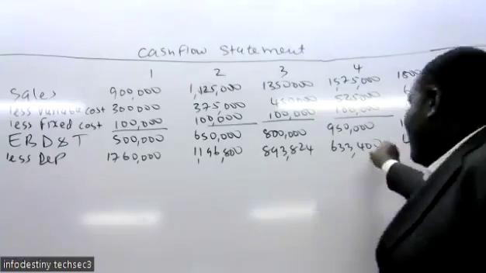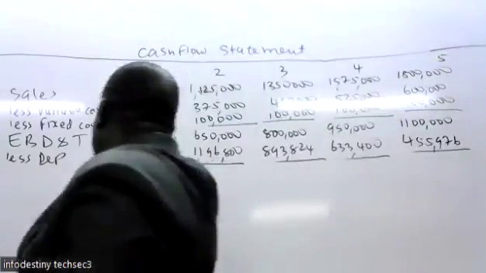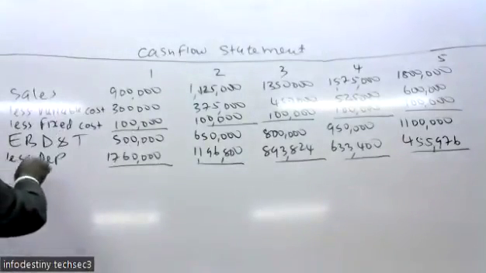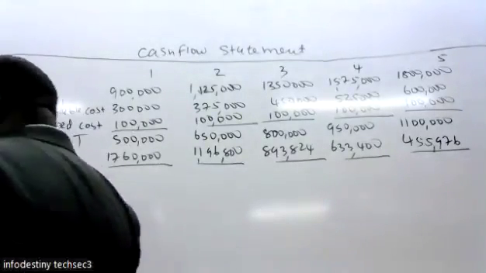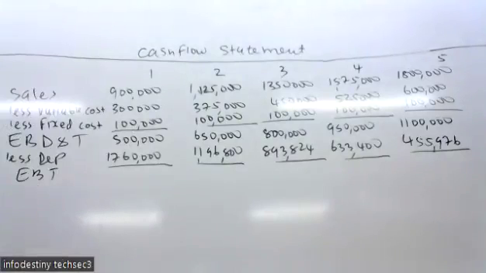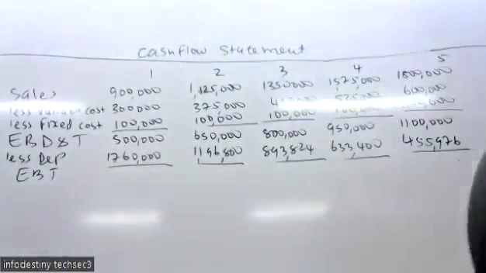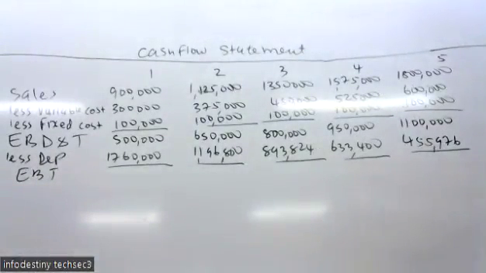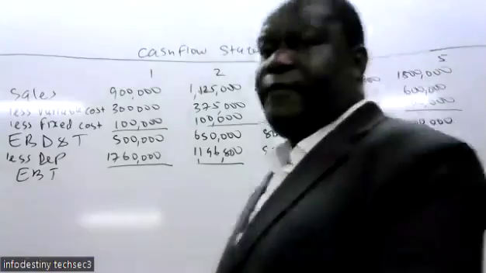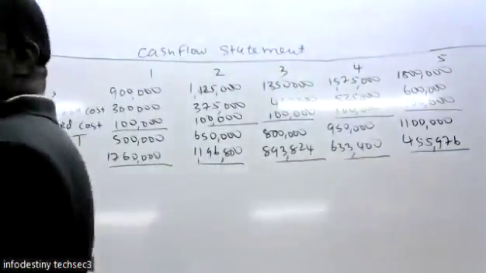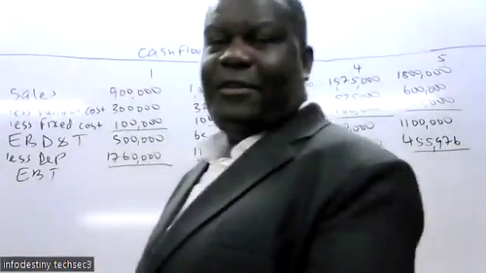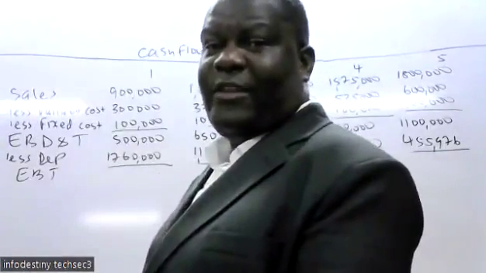So now you subtract so that you get the earnings before the tax. What should be the earnings before tax for year one?